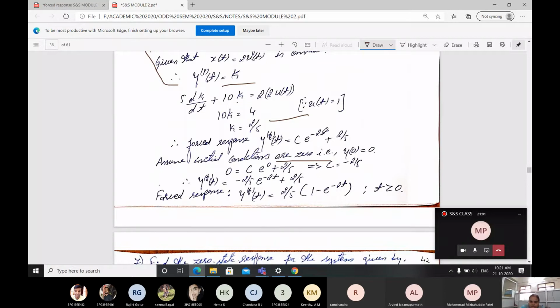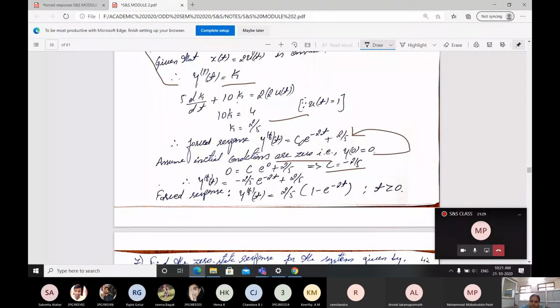Therefore substitute t as 0 in the forced response equation. y of 0 means it will be 0, that is equal to c into e raised to 0 plus 2 by 5. Therefore c you will be getting as minus 2 by 5.